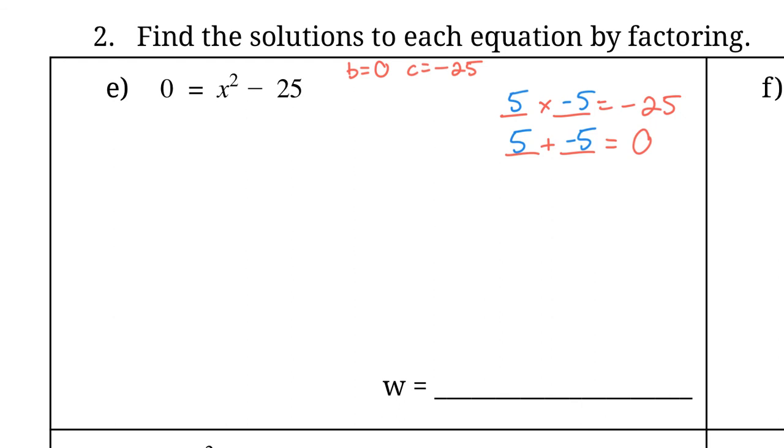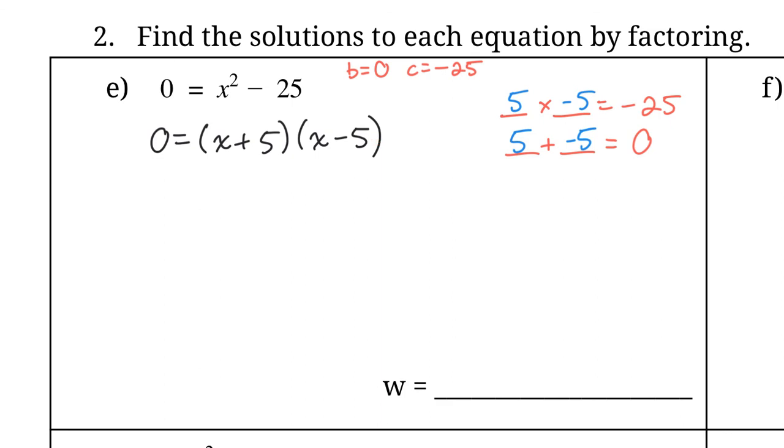And when we use those two numbers to rewrite this equation in factored form, it is going to be 0 equals x plus 5 times x minus 5. And when we solve this, we need to find a value of x that will make x plus 5 equal 0, and a value of x that will make x minus 5 equal 0.